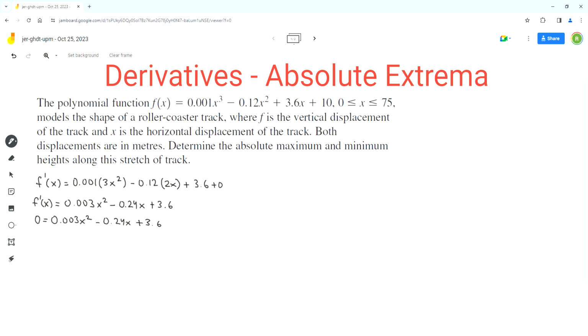Now the first step is to simplify this equation by dividing each term by 3, because that will make the numbers smaller and it will be easier to solve this equation. So 0 divided by 3 is equal to 0, equals 0.001x² − 0.08x + 1.2, and that equals 0.